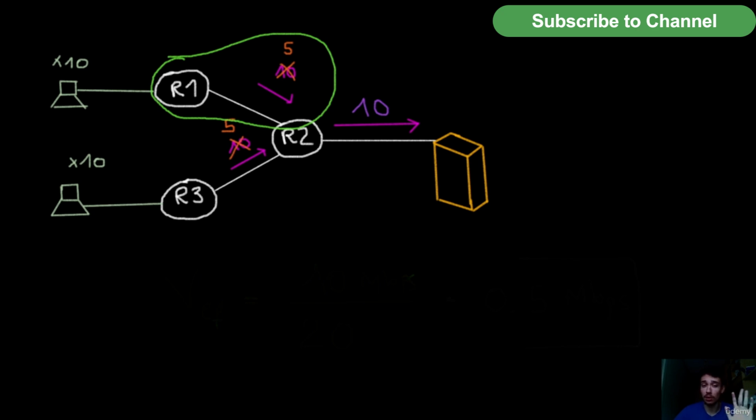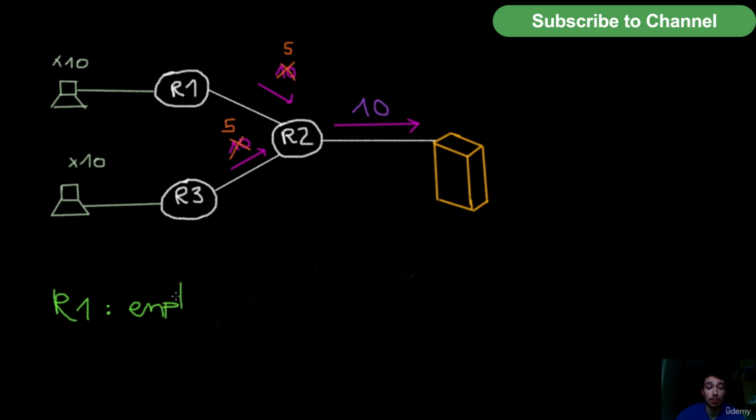Since router 1 has the capacity to send 10 megabits per second, but we are sending only 5, the double of what we send, we have the capacity to send more than what we send, then the buffer of router 1 is going to be empty.